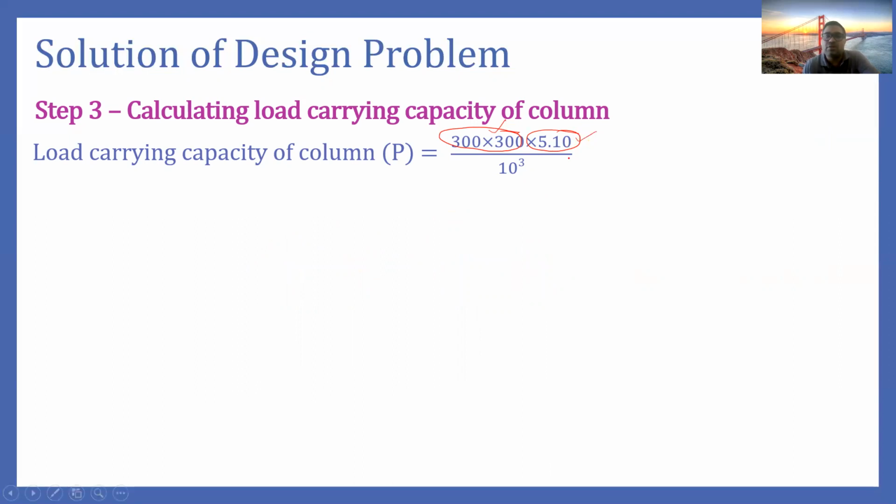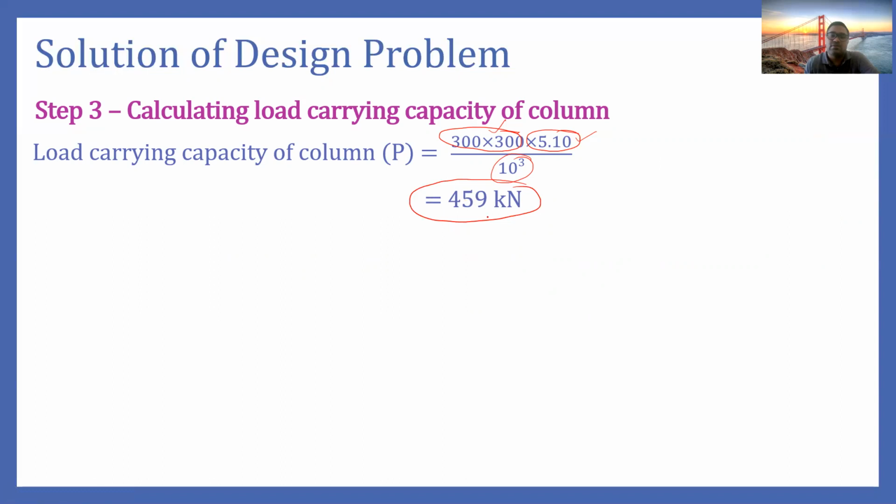To convert that load directly into kilonewton, we have divided by 10 raised to power 3, so that we can get the value directly in kilonewton. We can do that later also, but here we can do it directly. So the load carrying capacity of the column is 459.